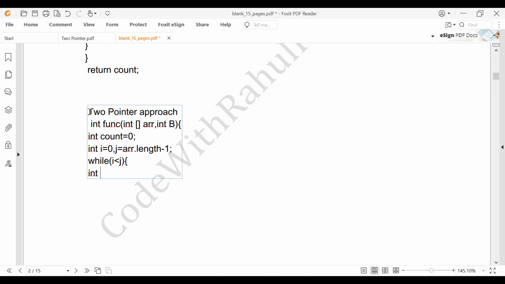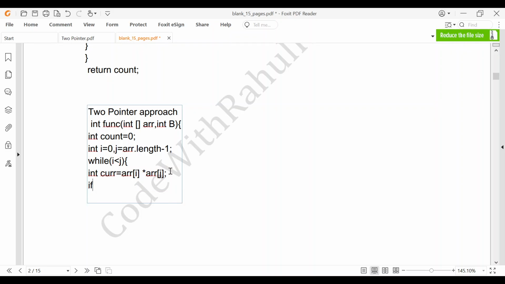Now I consider the current element, which is array of i plus array of j. This is our current summation. This is our current multiplication.